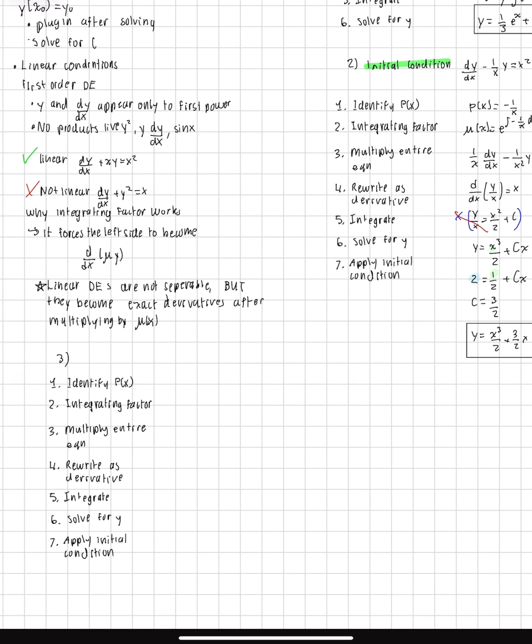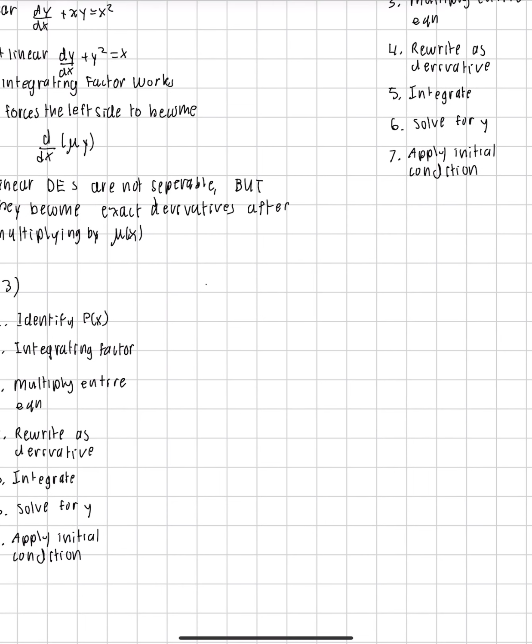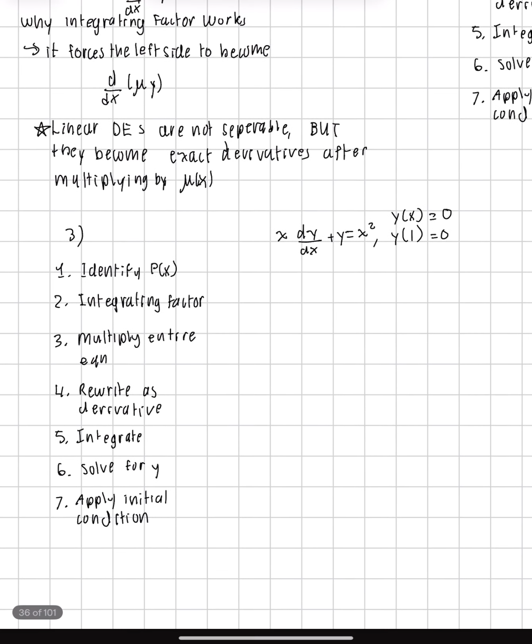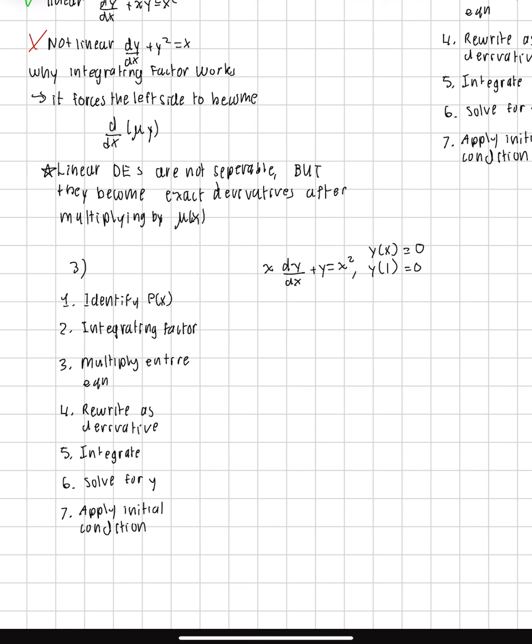So we have x times dy over dx plus y is equal to x squared. And we were given the initial condition of y of 1 is equal to 0. First we have to put it into standard form, because it's actually not in standard form.